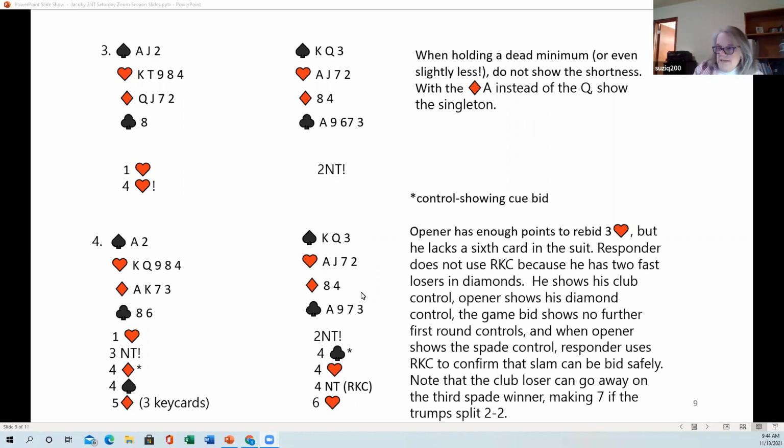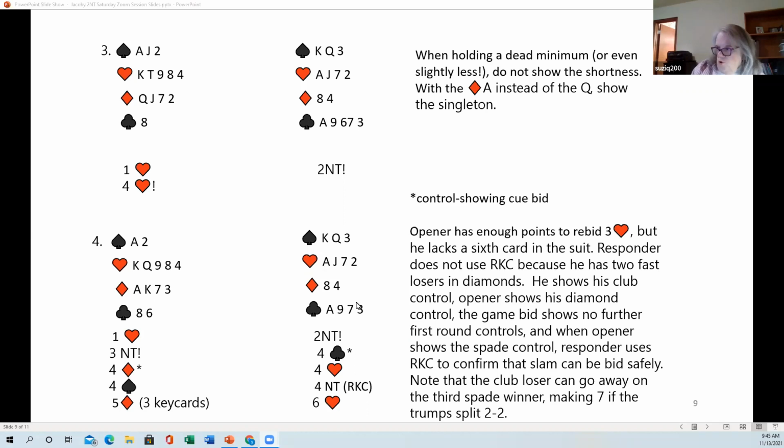So rather than launching right into Blackwood and then having partner tell me he has 1 and I don't know where it is, I'm going to show him my club control. After the 3 no trump rebid by opener, all new suits are control showing Q bids.